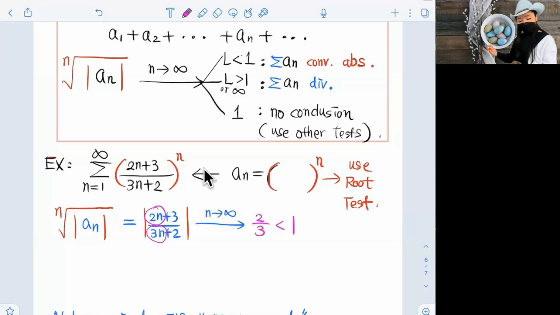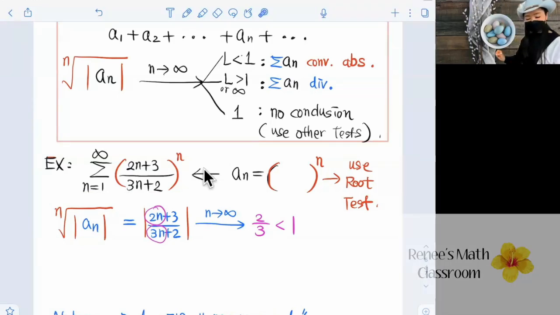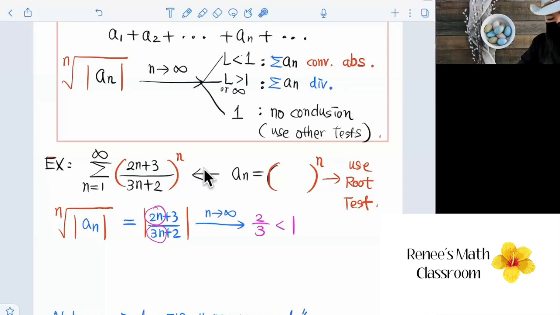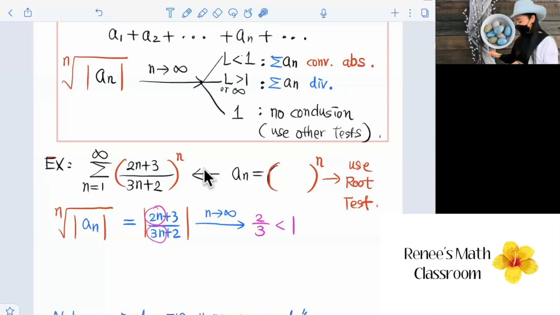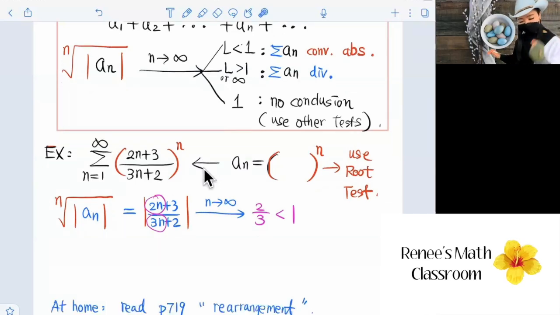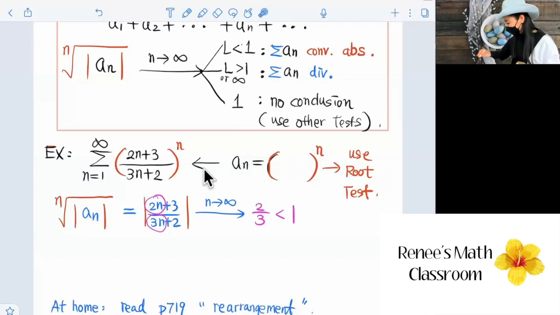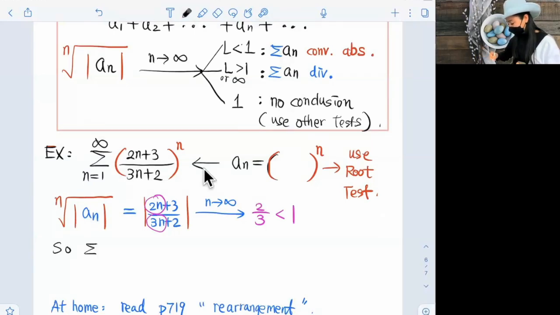Then by the root test, does this series converge or not? Converge absolutely. Not just converge. Absolutely. I like this, very positive, strong thing. So this series itself converges absolutely.